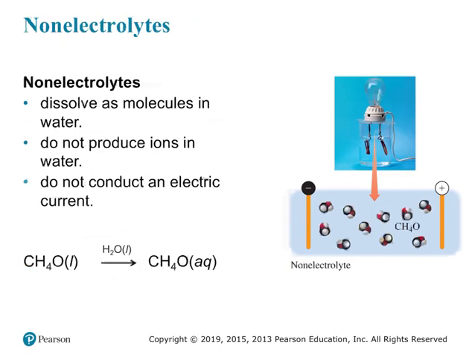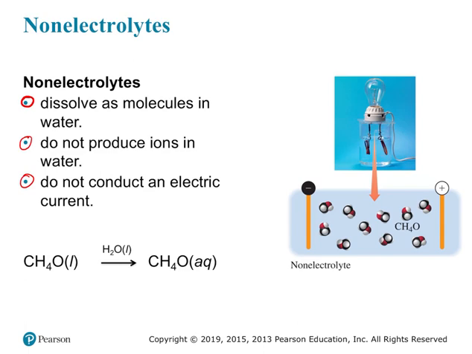Non-electrolytes, you can probably guess, do not produce ions in water. They do dissolve in water, so maybe they're polar molecules. However, they're not going to produce any ions, and therefore they're not going to conduct an electric current.